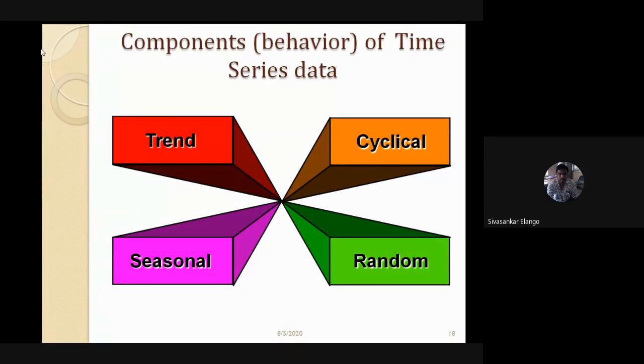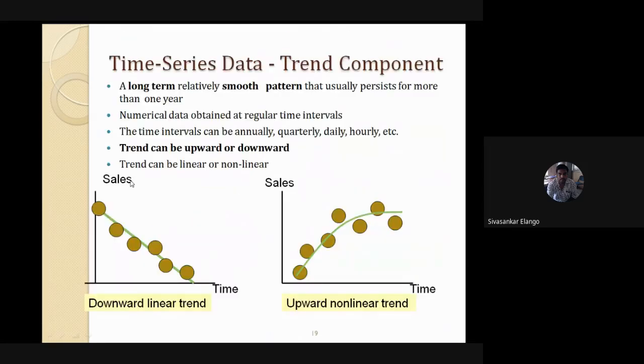Seasonal patterns are short wave-like patterns, whereas cyclic patterns are long wave-like patterns. Some data may also have randomness, which is known as random data.